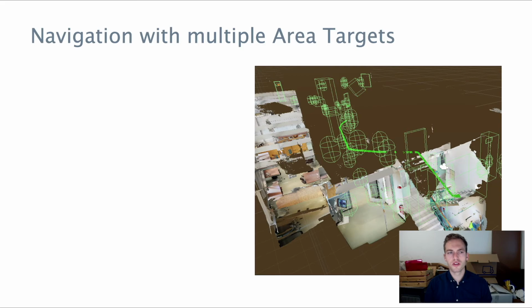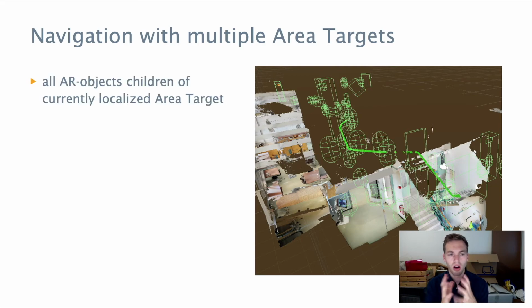Some things to consider when doing navigation with multiple area targets. All area objects must be children of the current localized area target. At least this is our approach on how to handle multiple area targets. This is different from how Vuforia explained it in their documentation, because when we did this project, this explanation didn't exist yet.